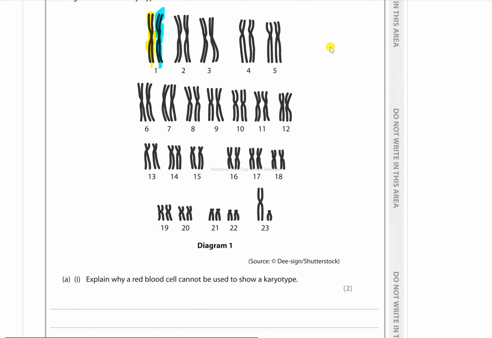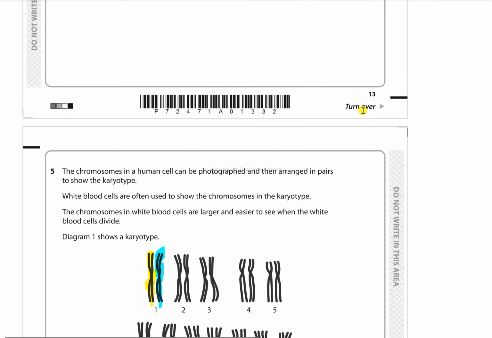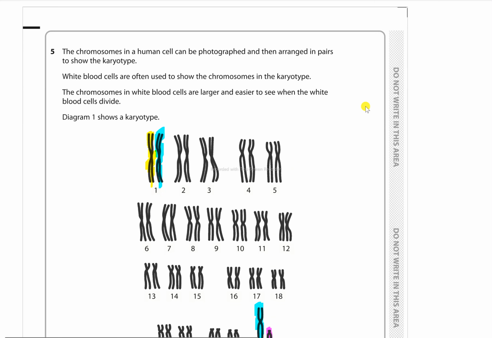This looks like it's X, and that looks like it's Y or X. Right, so this type of diagram is called a karyotype, and we're looking at white blood cells. Chromosomes in white blood cells are larger.